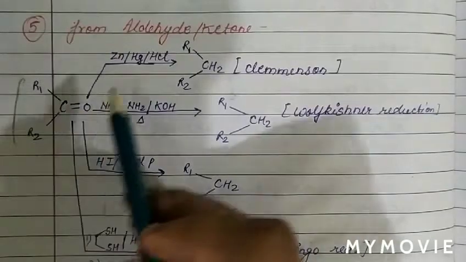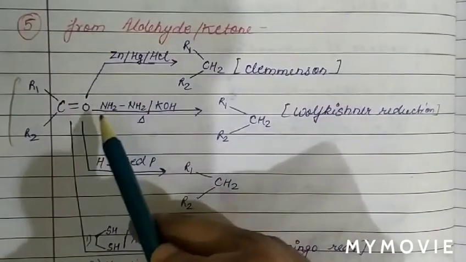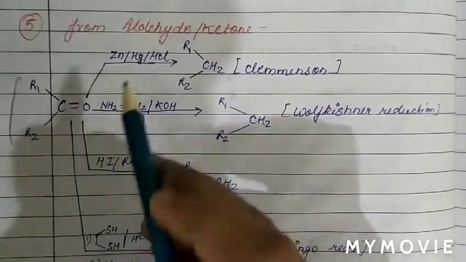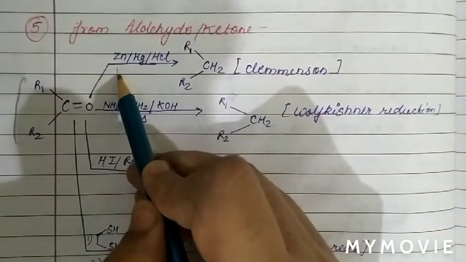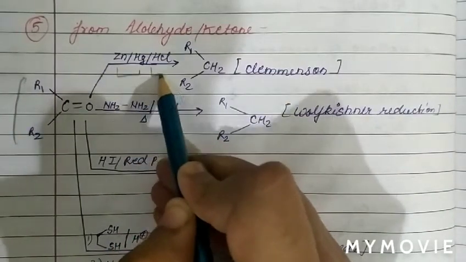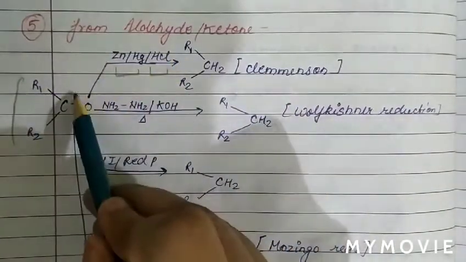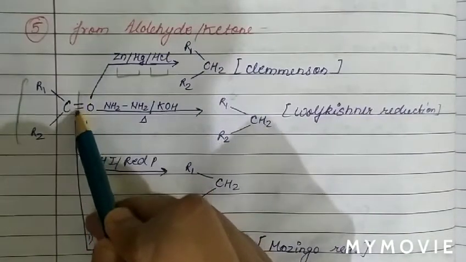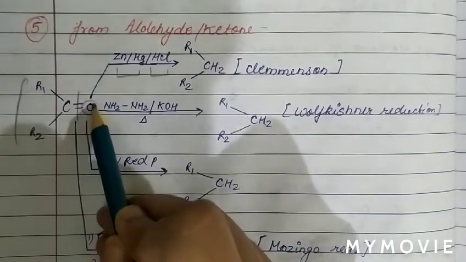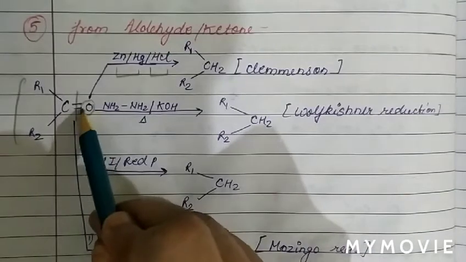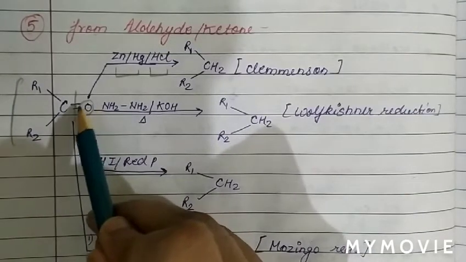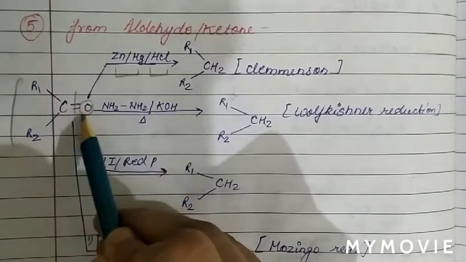The first reaction we are going to discuss is aldehyde or ketone in presence of zinc mercury amalgam and concentrated HCl. So basically there is removal of oxygen, as oxygen is linked with double bond. Therefore, on removal of oxygen, these two bonds are connected with hydrogen.